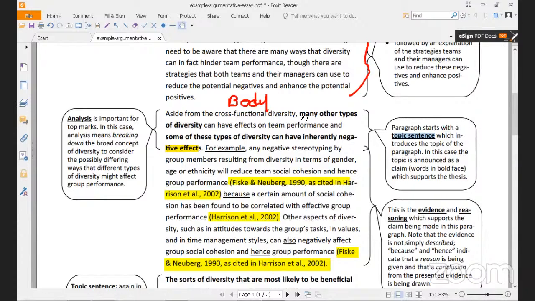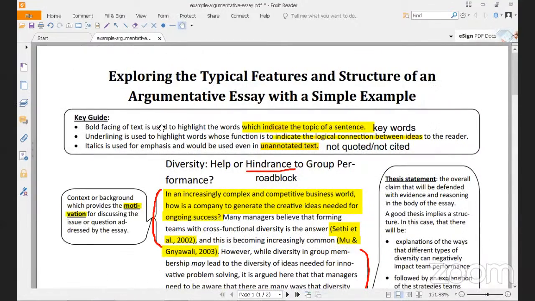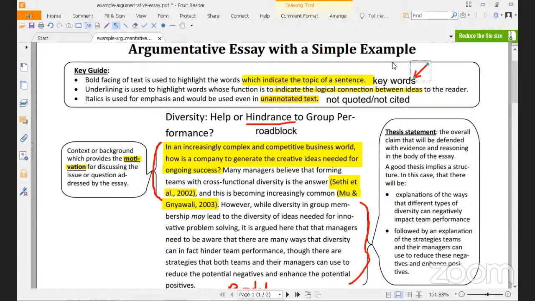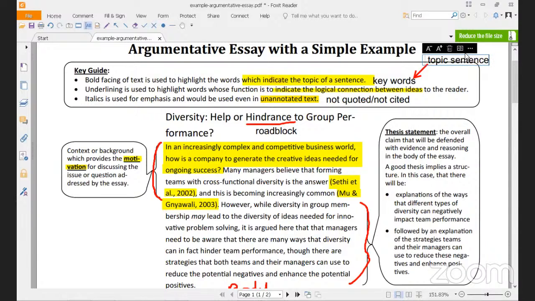Now, we have here in bold words. What are the bold words? Let's go to the top, at the key guide. Bold facing of text is used to highlight the words which indicate the topic of a sentence. In few words, we're talking about keywords. Keywords of what? The topic sentence. Because if you just bold the whole topic sentence, it's too much information, right?